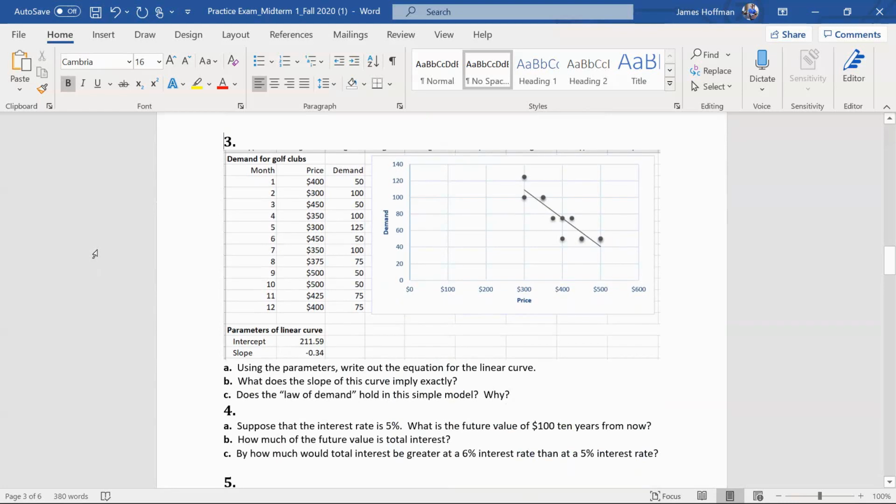Okay, number 3 is the golf club demand one. You should be extra familiar with this, because you have the curve fitting assignment as well. So this one's not too bad.